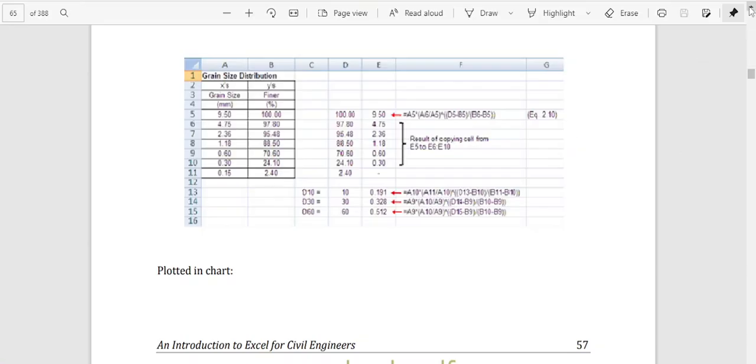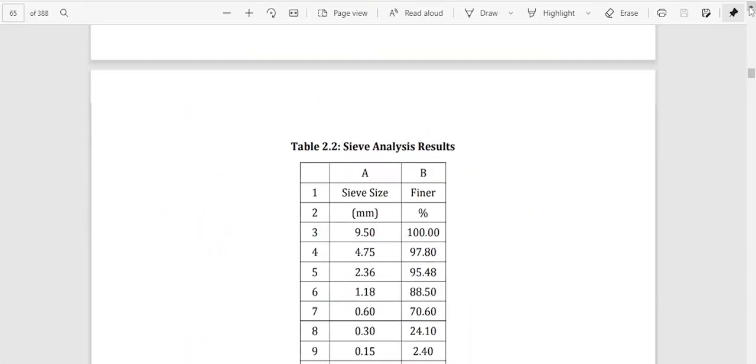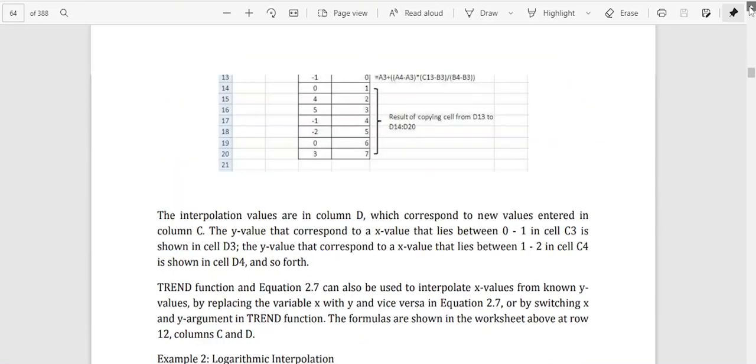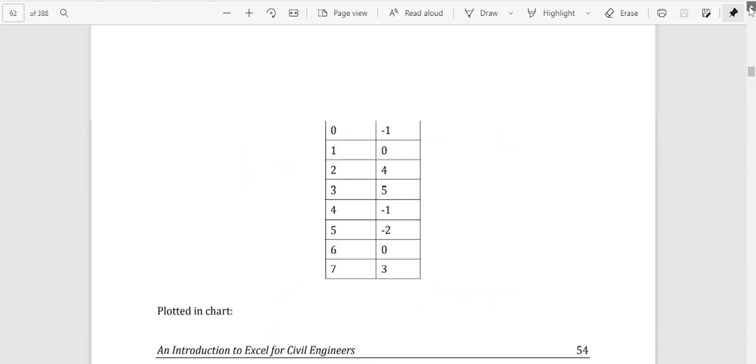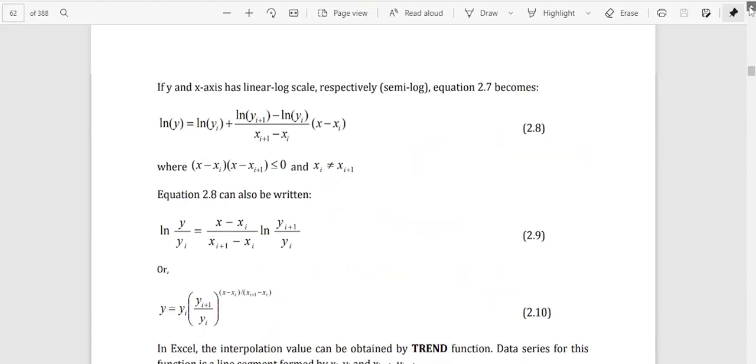I want you to remember this formula. Let's quickly go there. You can see what we're trying to say: yi plus 1 and yi. Please remember it, yi plus 1 and yi. So let's go back.